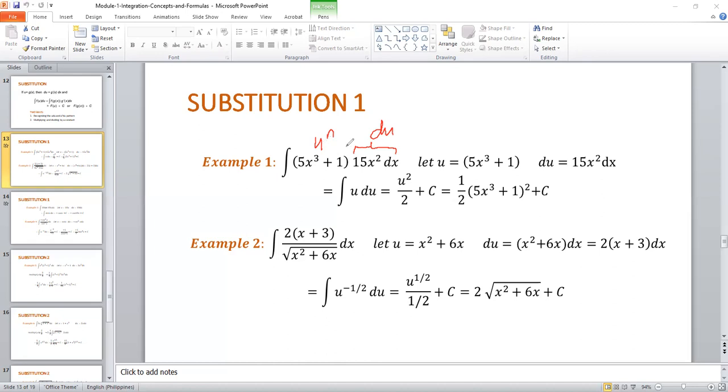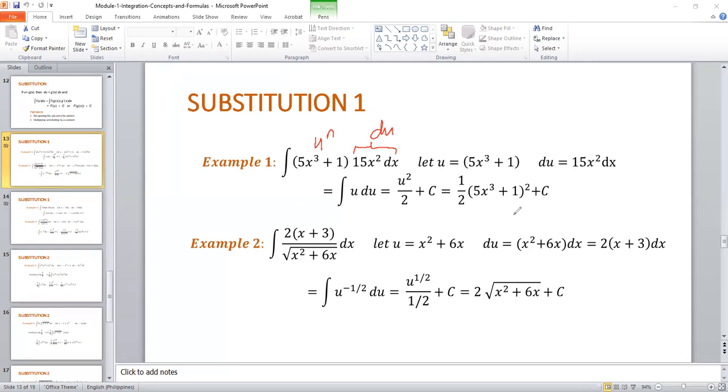So the power rule says that if this is raised to 1, then that should be u squared, 1 plus 1 over 2, plus c. So what is the u? This is the u, 5x cubed plus 1. So you just simply raise the entire thing by 2 and divide it by 2, or multiply it by 1/2, plus c.